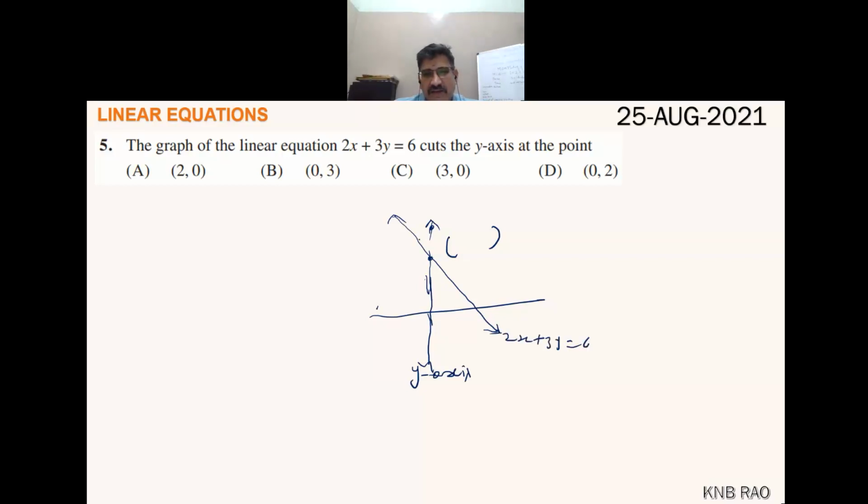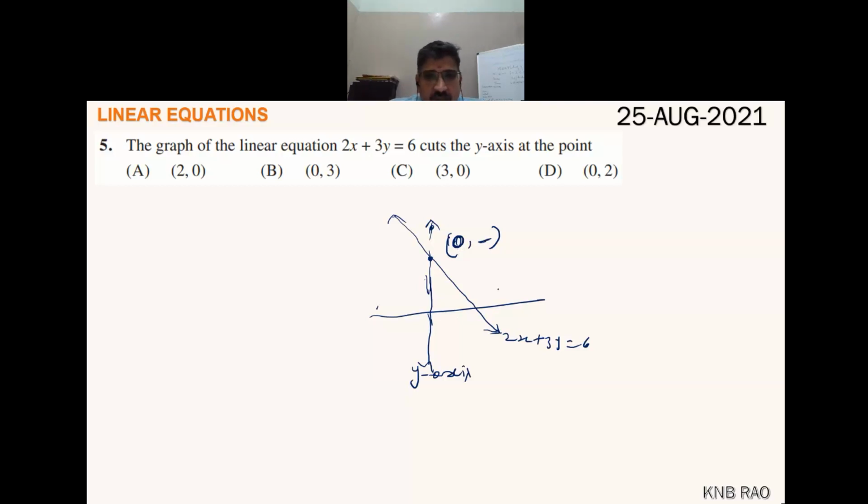And you know, any point lying on the y-axis will have its abscissa as 0. Correct or not? Yes, sir. That means x equals to 0 already, we know.